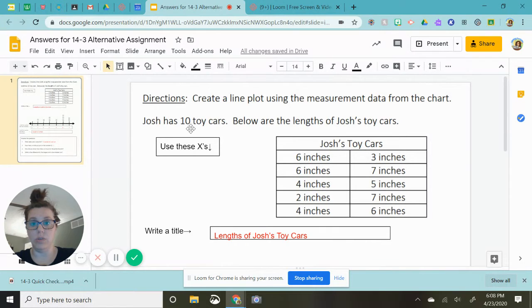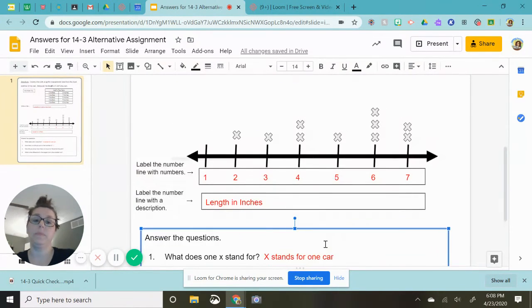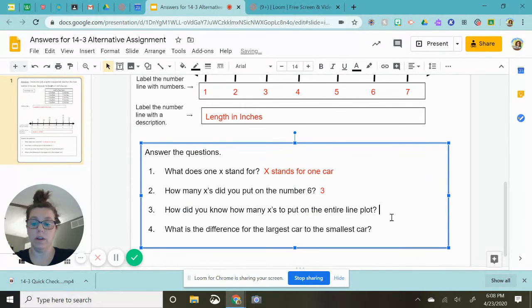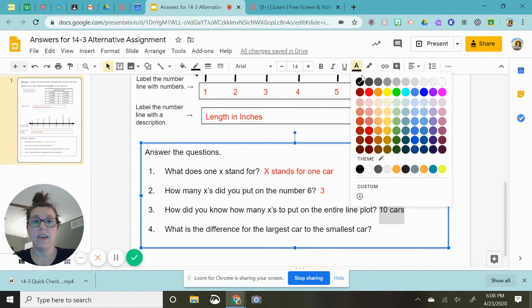One, it tells you right here, there's 10 cars. Or you could have counted how many cars he has by going 1, 2, 3, 4, 5, 6, 7, 8, 9, 10. So there are 10 cars on this. We are almost done. Yay!